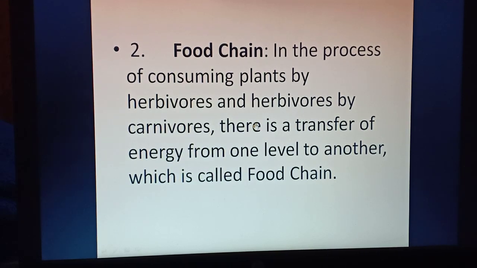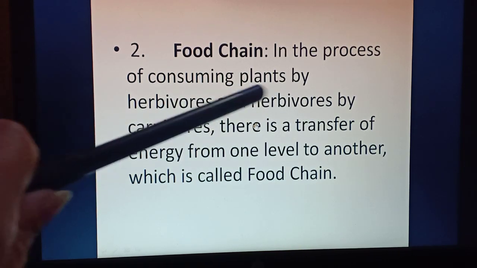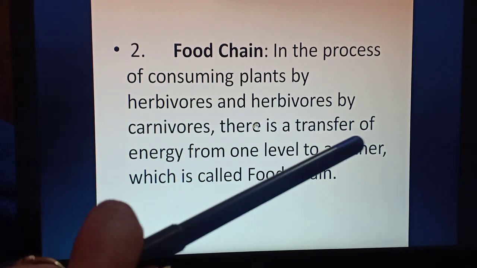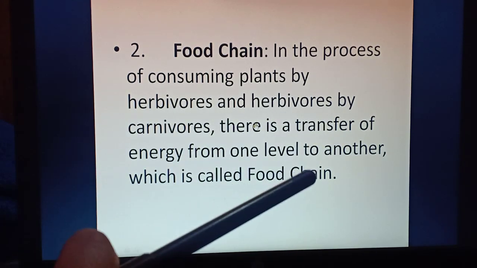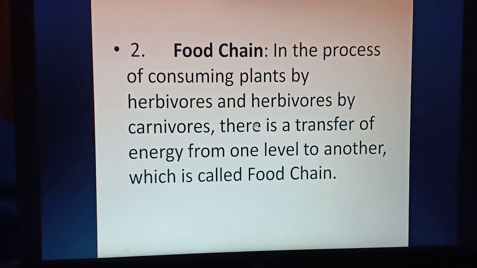Next is food chain. In the process of consuming plants by herbivorous and herbivorous by carnivorous, there is a transfer of energy from one level to another level, which is called food chain.